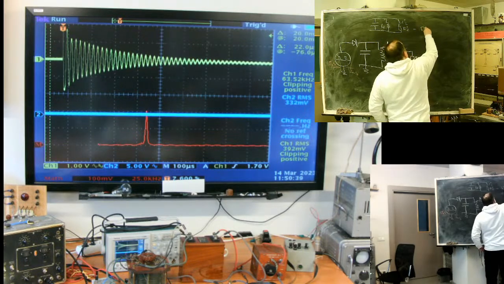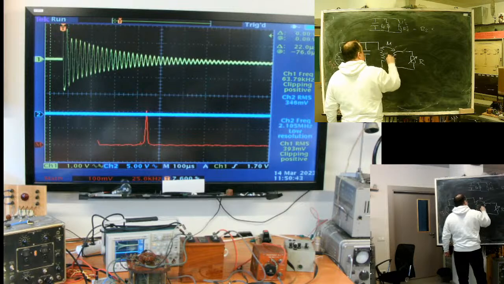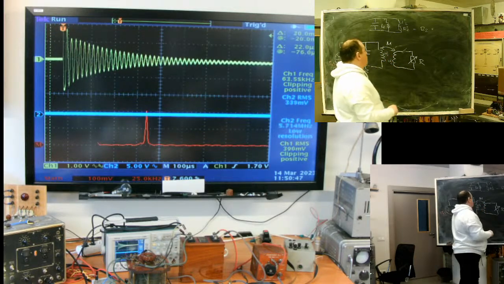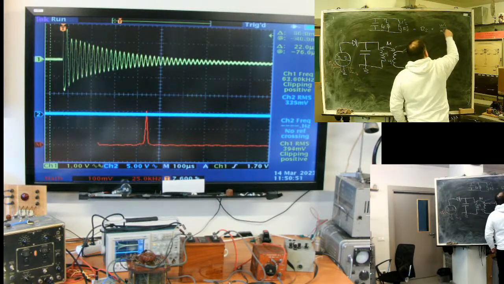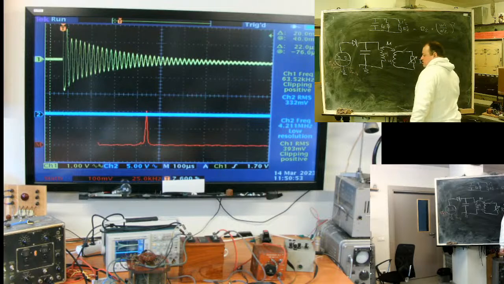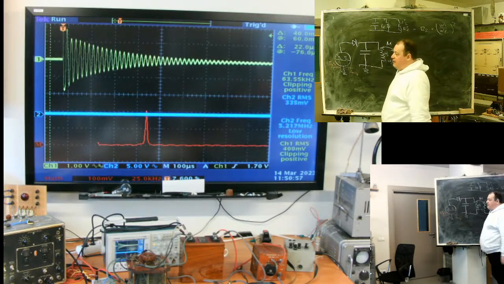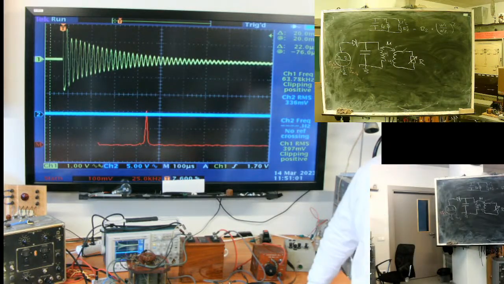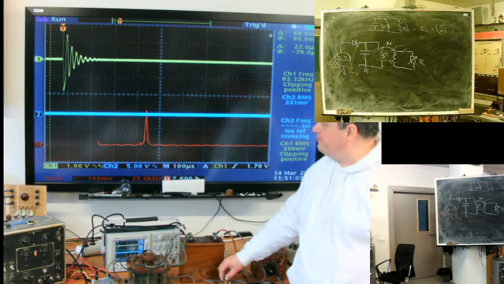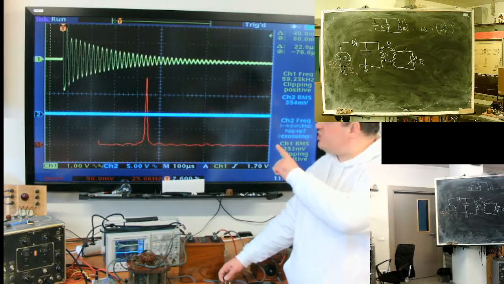Meaning real multiplied by, if, for example, let's assume we have an ideal transformer, it will be multiplied by the square of the winding transformation ratio. I will introduce additional inductance and additional resistance. Take a look. See? Additional losses.